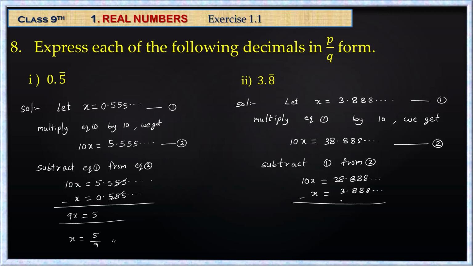Now subtract it. The decimal part will be cancelled. We get 9x is equal to 38 minus 3 is 35. So 9x is equal to 35 and x is equal to 35 by 9. This is the answer.